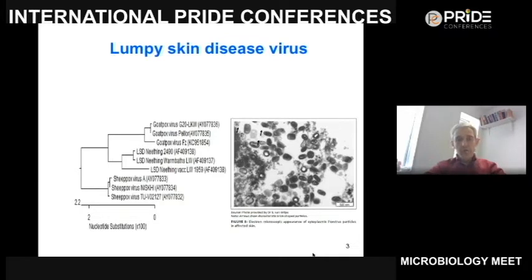And because of this close genetic relationship, in some countries live vaccine against lumpy skin disease virus is used. This live vaccine can be a heterologous strain like sheeppox virus or goatpox virus, but mainly a homologous vaccine of lumpy skin disease virus is used in cattle. Next slide.